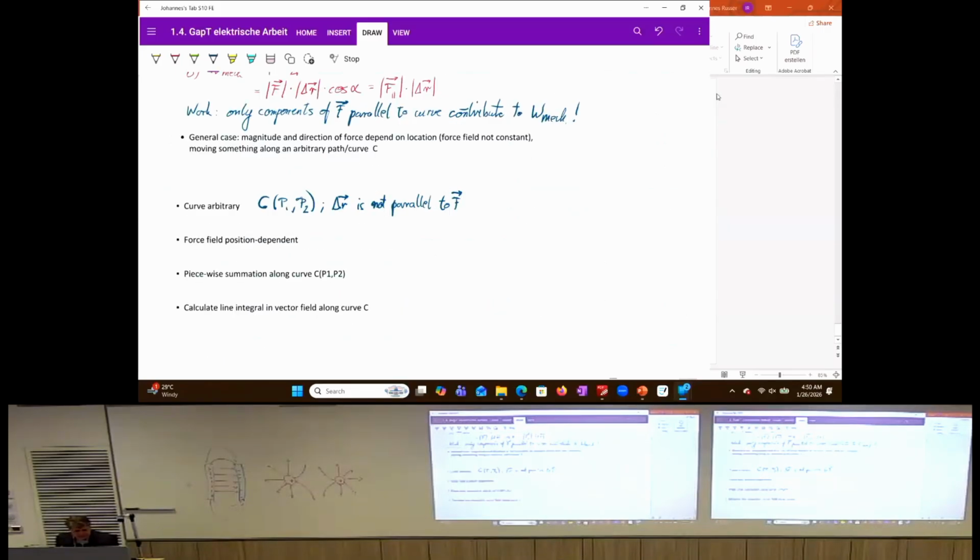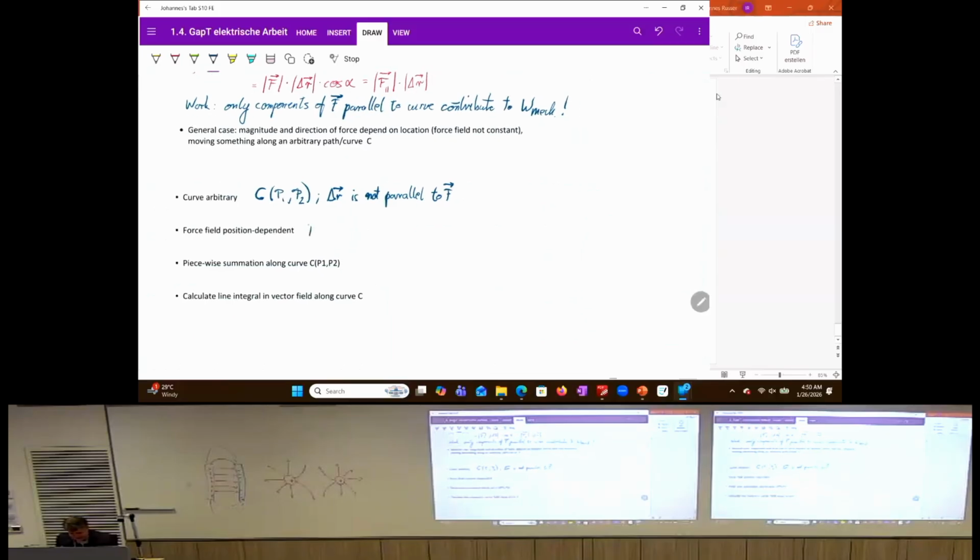Second, the force field is position dependent. Also, that is a general case. The force field is a function of r, and it's not constant. And what you do now is a piecewise summation along the curve. Let me plot that for you.